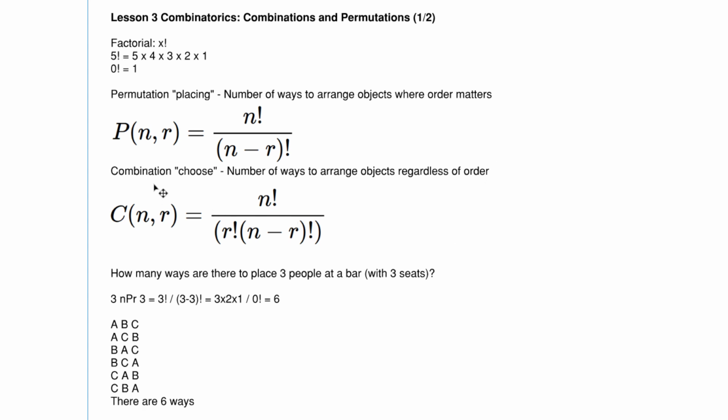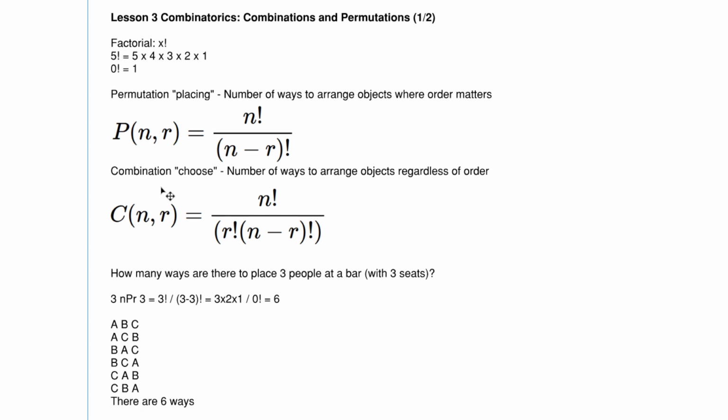And the combination, you could think of it as choosing, right? Combination starts with a C, choosing starts with a C. It's easy to remember this way. The number of ways to arrange objects regardless of order. So when you have, for example, a set of people and they're competing in a tournament and there's first place, second place, third place, the order matters.